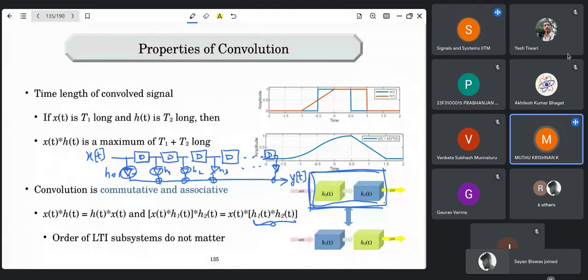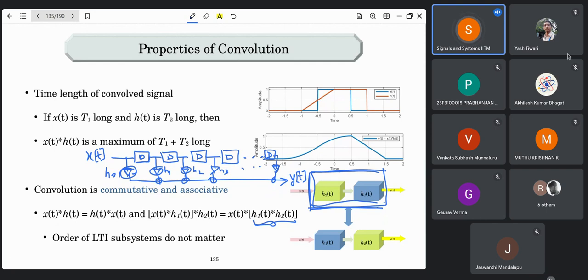Can a capacitor store your ADC inside, or is it not possible? See, you are giving examples of the system. These are all examples of an LTI system. Yes, an ADC can be an example of an LTI system. Again, the entire ADC is not an LTI system; certain parts of it are. So a flip-flop for a discrete case, you can think of that as an LTI system. Yes, but in general, no.